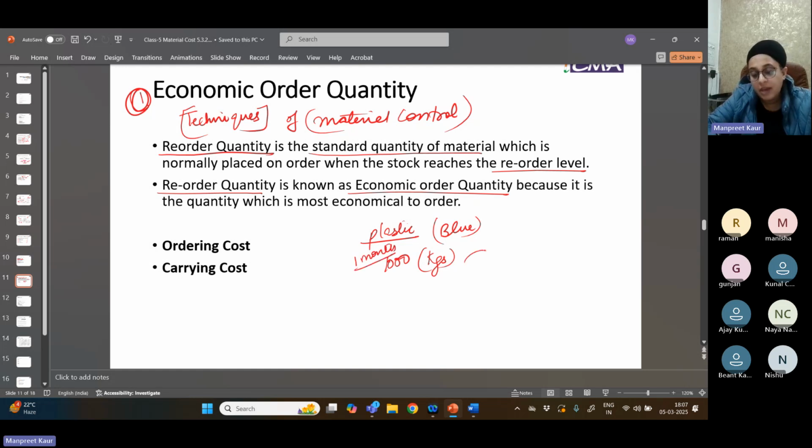Next month we have to procure again, that is the EOQ. How much to procure? Rightly procure. The cost-cutting quantity which we procure, that is the economic order quantity, which involves ordering cost and carrying cost.